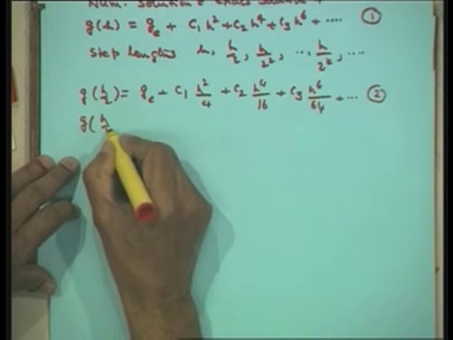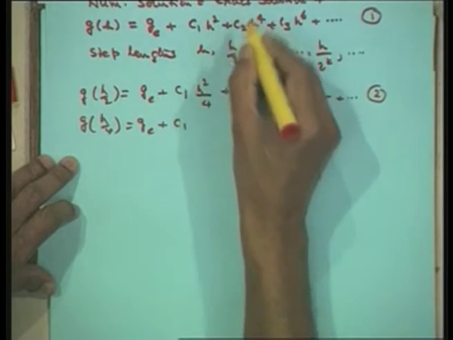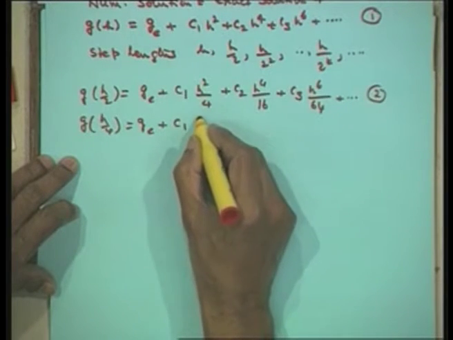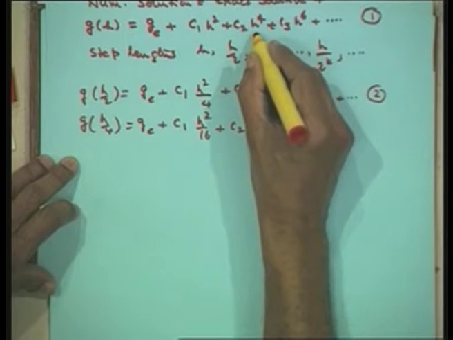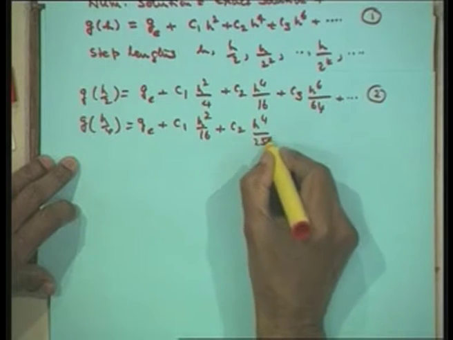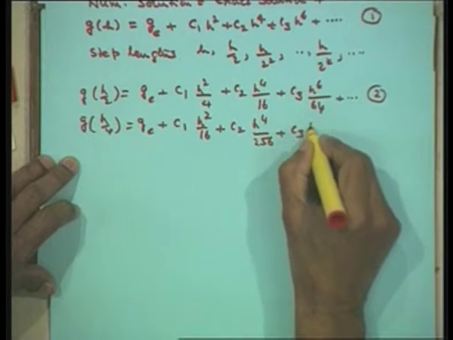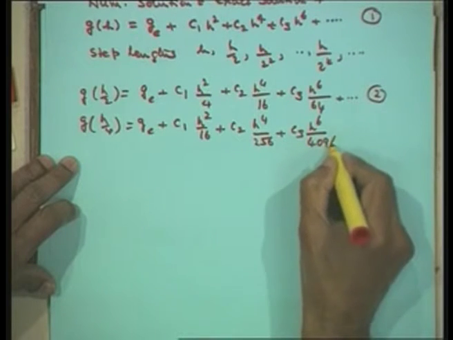G of h by 4 is g of e plus c1 upon 4 square, that gives you h square by 16. Then I have c2 h to the power of 4 by 4 to the power of 4, that is 256, plus c3 h to the power of 6 by 4 to the power of 6, that is 4096.